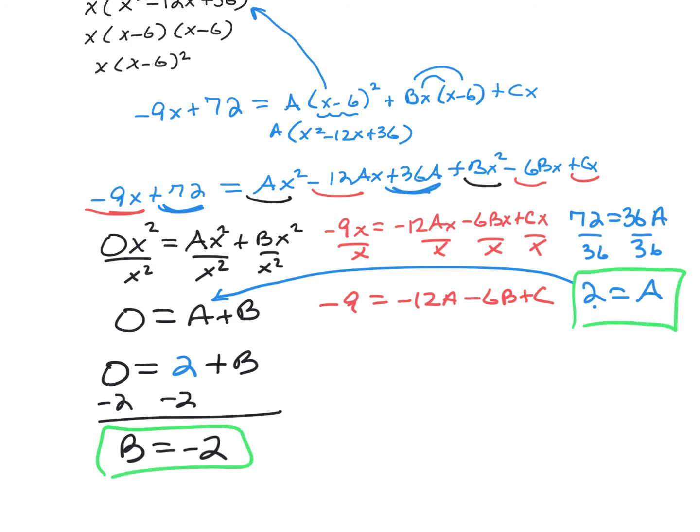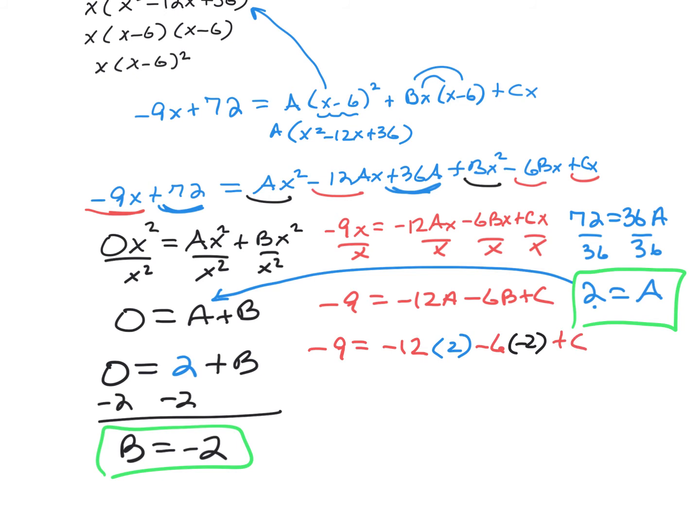I now need to find c, and I can plug both a and b into the middle red one. So negative 9 equals negative 12 times 2 minus 6 times negative 2. And then I don't know c yet. That's what I'm solving for.